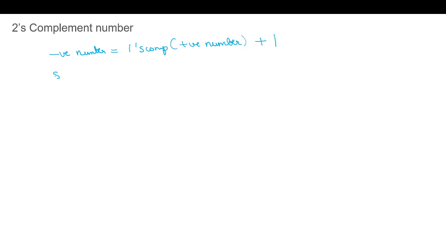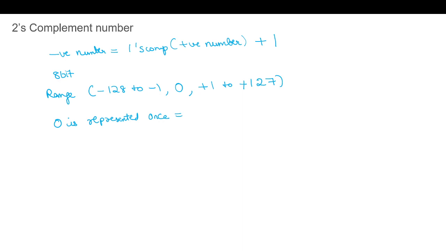So if we consider an example of 8-bit, the range is minus 128 to minus 1, 0, plus 1 to plus 127. And here 0 is represented once. And the representation is as follows.